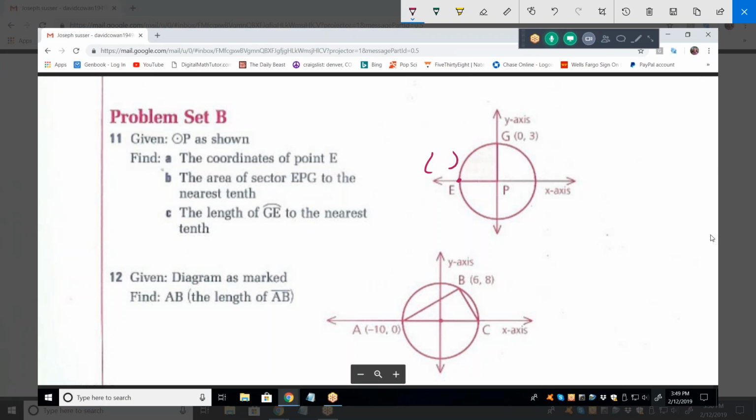No. Give the x coordinate first. So it'd be 3. This over here is 3, 0. Oh, negative 3. Exactly. Yeah, I was doing that wrong. Okay. The area of the sector EPG, that sector right there.